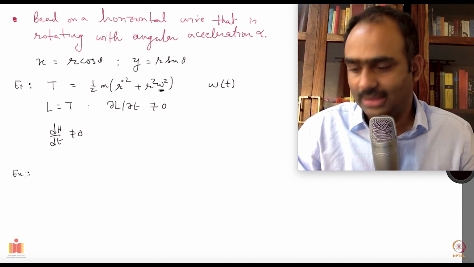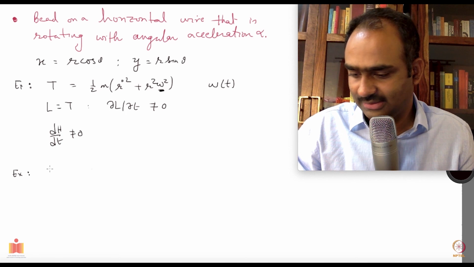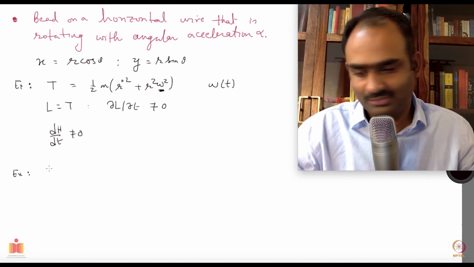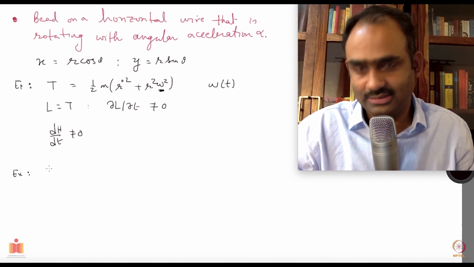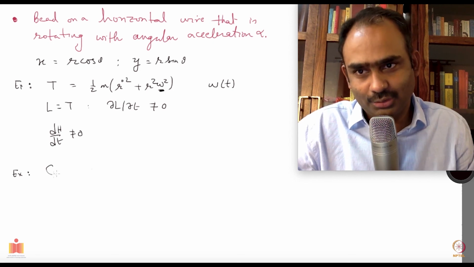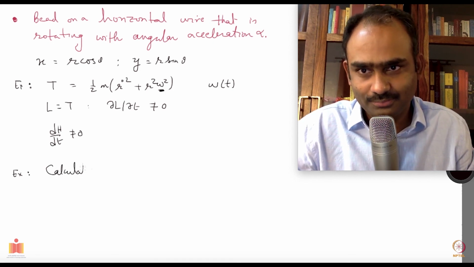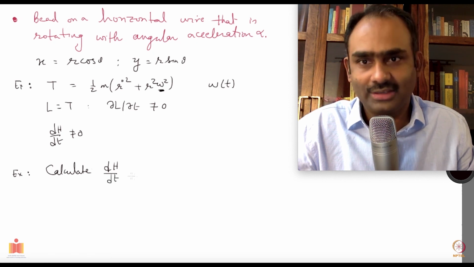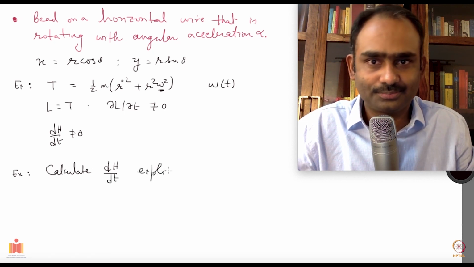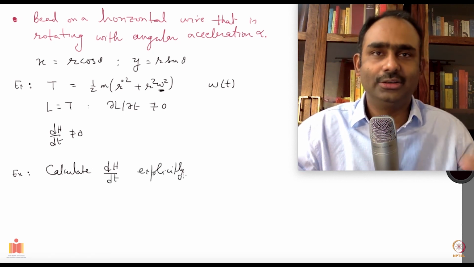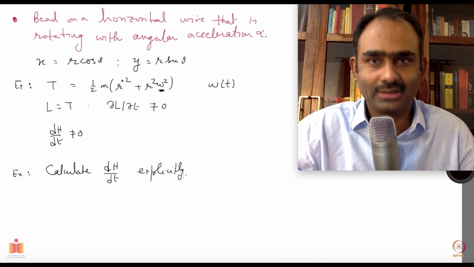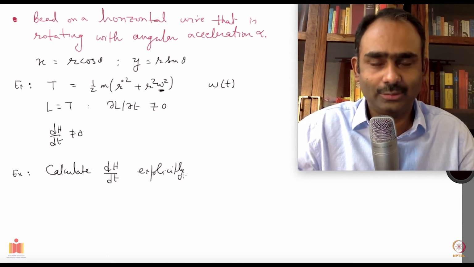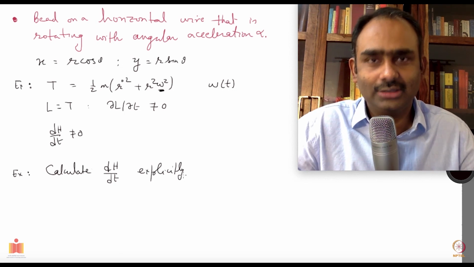I'll give you some exercise which you can do to get some practice with doing some minor algebra involved in this. So what you do is calculate the total derivative dH over dt explicitly. So meaning you construct the H by the relation q dot del L over del q dot minus L. You take that one, then you take a total derivative of it.